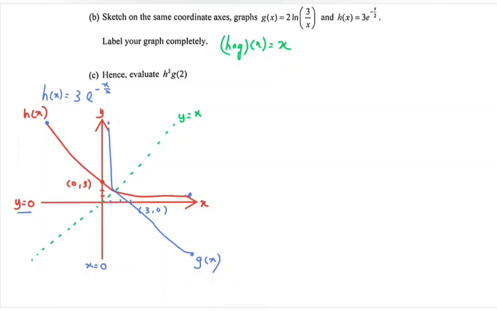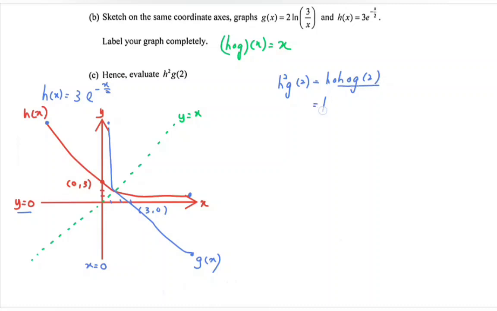Next refers to C. The question asks us to find h∘g with the value 2. So we can assume something like this: h∘g(2). Based on the situation given, we have h∘g equal to x.